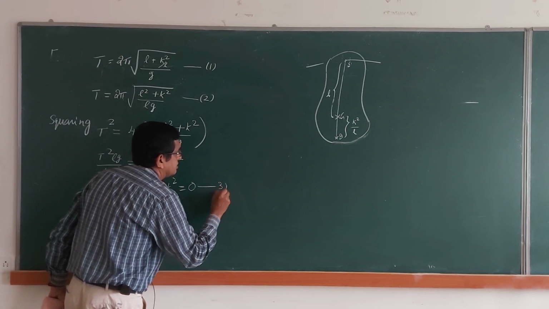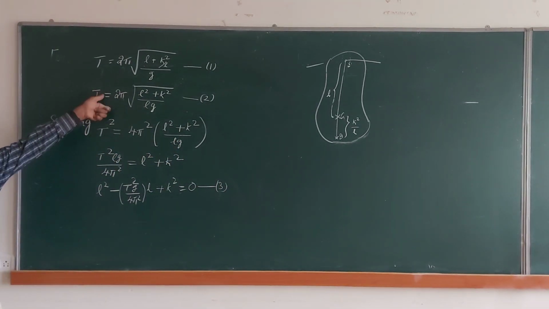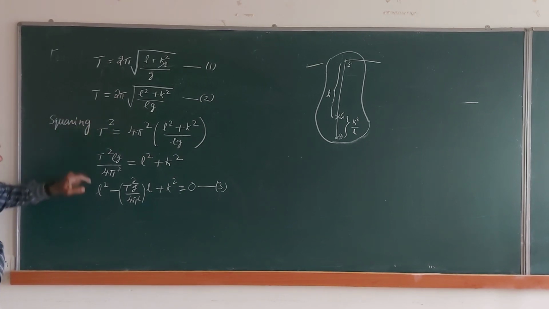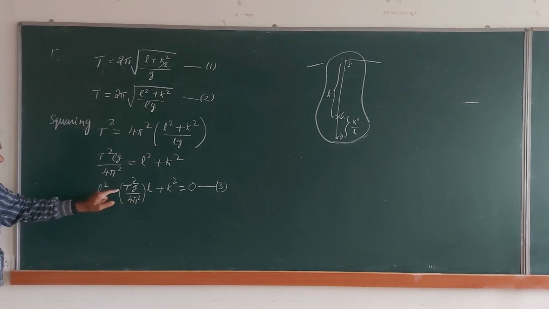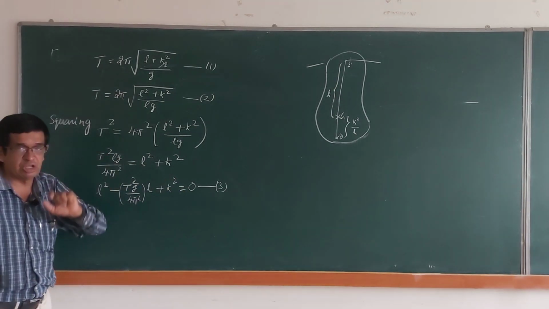Let us write this as equation 3. Therefore, we square this equation and rearrange it, and we get L square minus T square g by 4 pi square into L plus K square equal to 0.